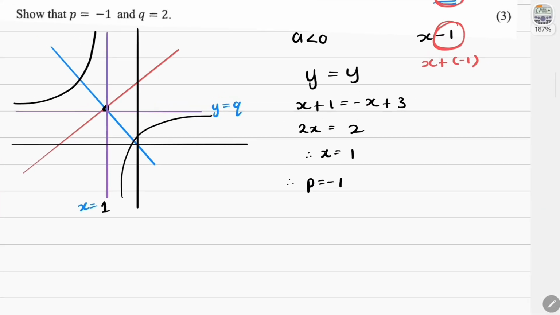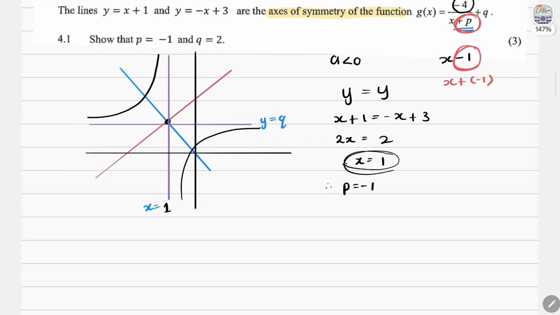And then we still have to find q. Since the x value was 1, to find the corresponding y value, you take this x value and substitute it into either one of the graphs, because they both intersect at this point. So they have the same y value at this point.